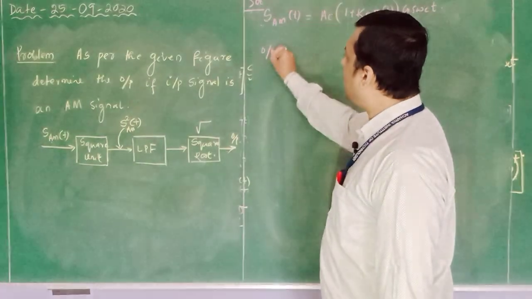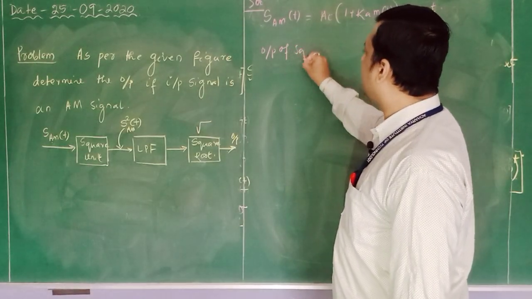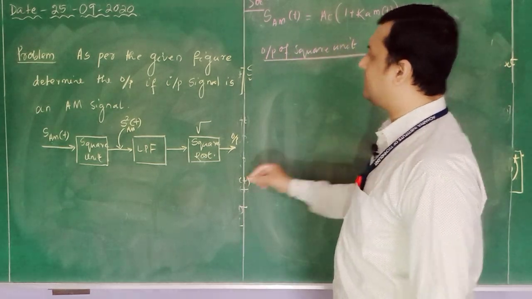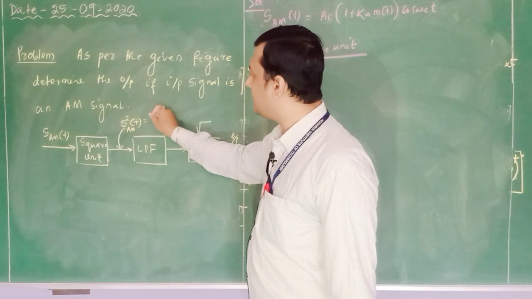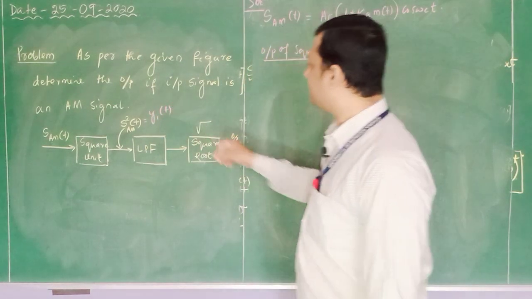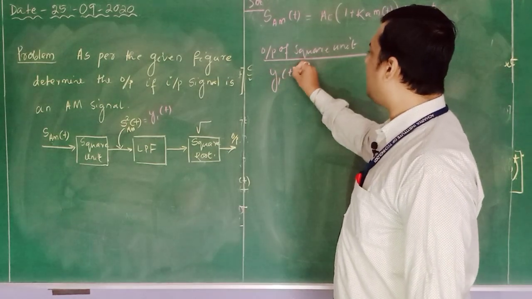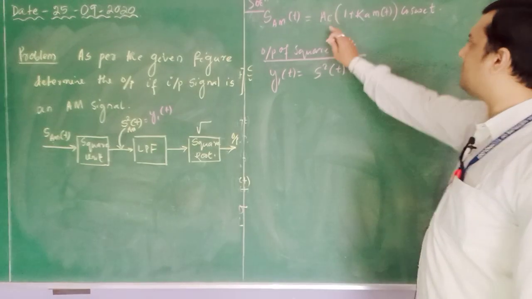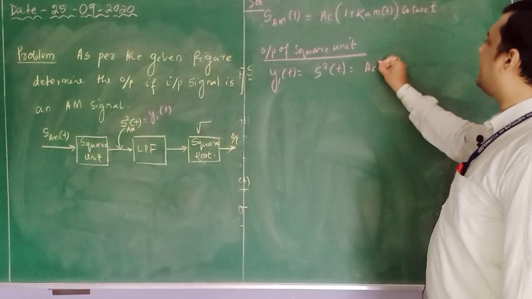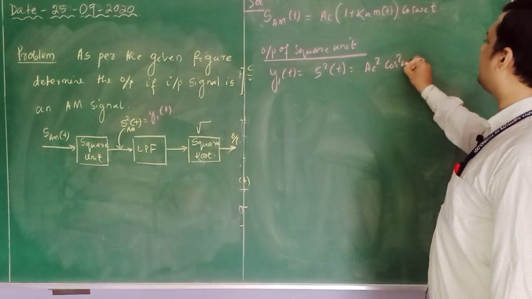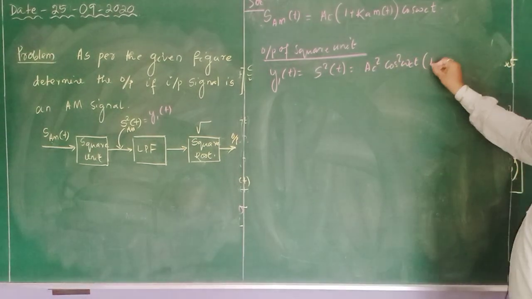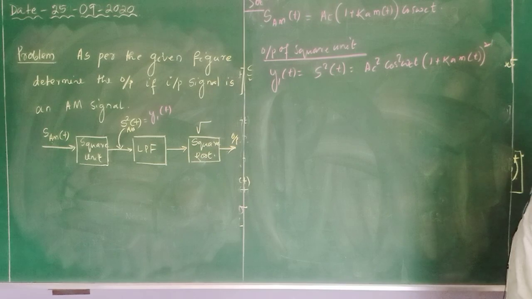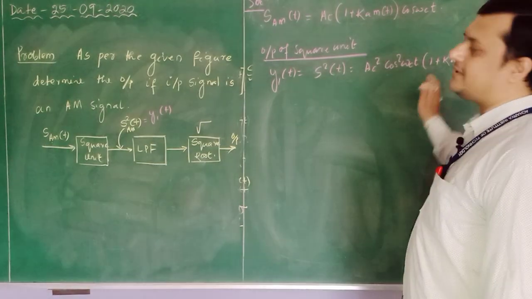Then the output of the square unit, let us consider this is y1(t). So y1(t) is s square of t. S square of t means squaring this component. I will get Ac square cos square ωct times [1 + ka m(t)] whole square. Done. Now we need to expand this relation.